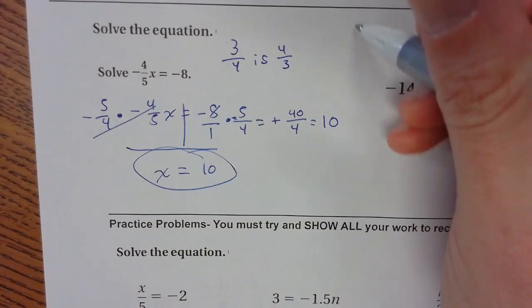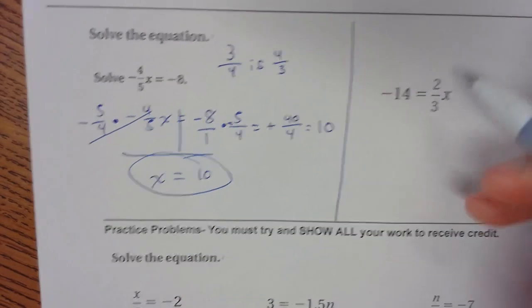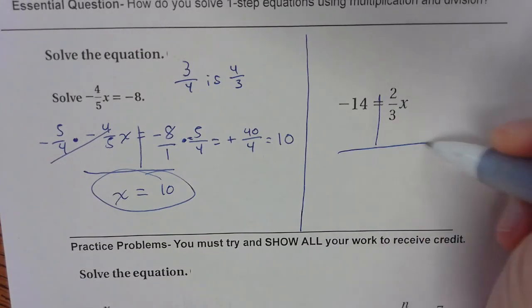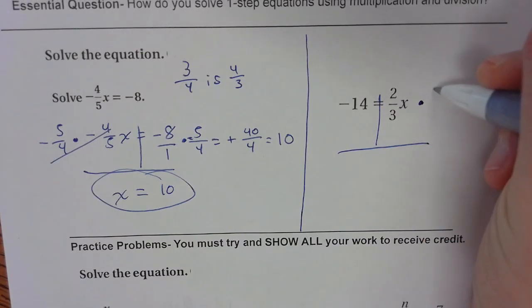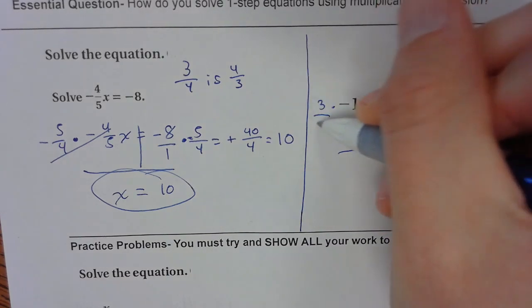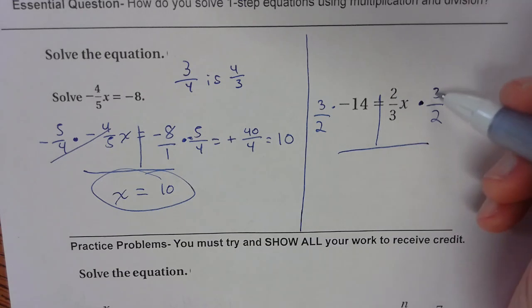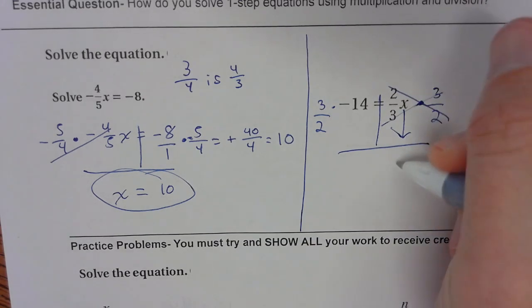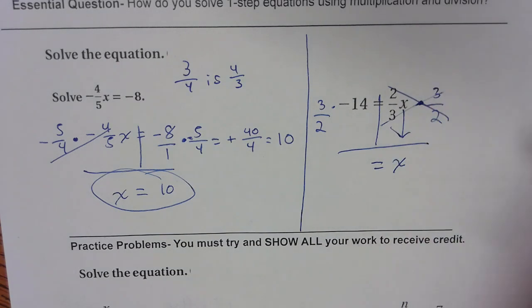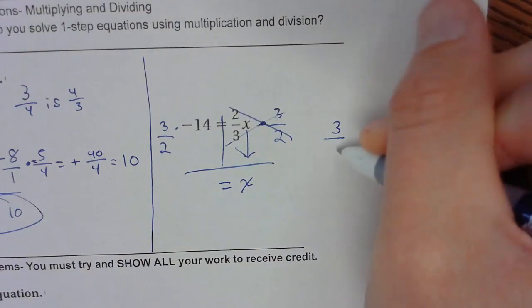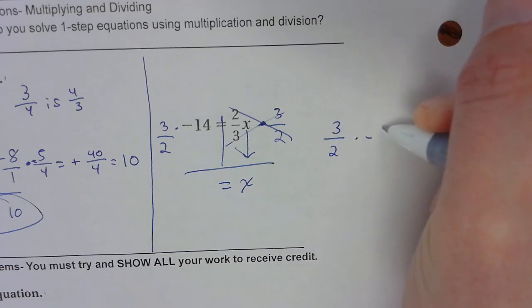So on the next one, I have 2/3 as my fraction next to my variable. That means I'm going to multiply by the reciprocal. Whatever I do to one side, I do to the other. All this is going to cancel. The only thing left is going to be my variable. Now I don't really have a lot of room here, so I'm going to go off to this other side. Do 3/2 times negative 14 over 1.